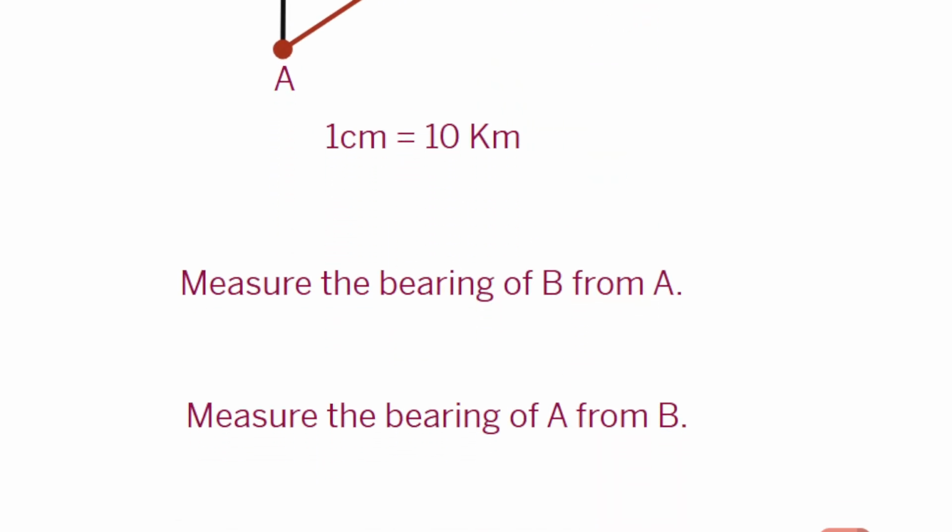The next question says, measure the bearing of B from A and measure the bearing of A from B. Now, in the previous video, I said it's very important to focus on from. So since it says from A, this is very important for you.